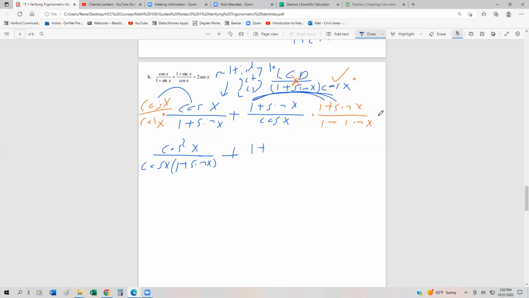And we have 1 times sine, so that's going to be a sine of x. Sine times 1 is going to be another sine x. Sine times sine is going to be a sine square of x, excuse me. And then the denominator is going to be cos x 1 plus sine x. All right, so again, that's just by multiplying.